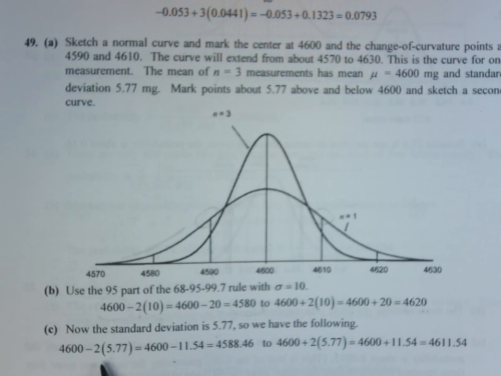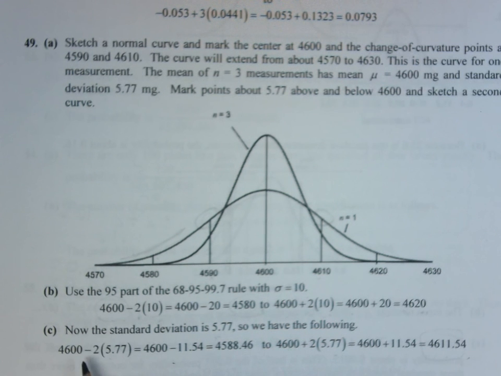So if I take 2 times 5.77, I will get 4,588.46. If I add it, I will get 4,611.54. So that will be my 95% range for my three measurements. Any more questions, just let me know.